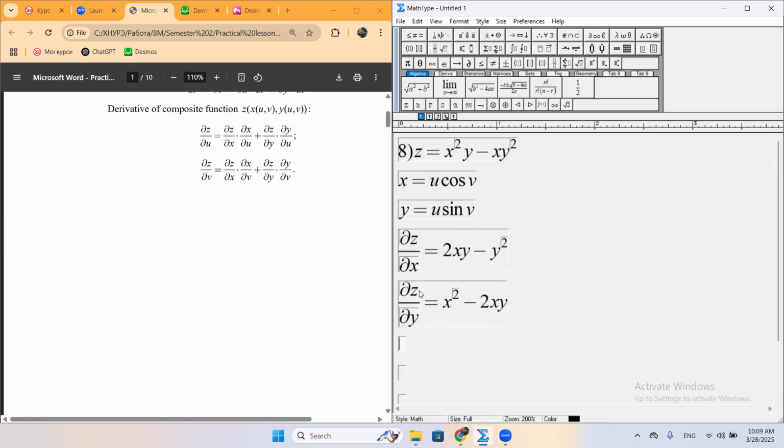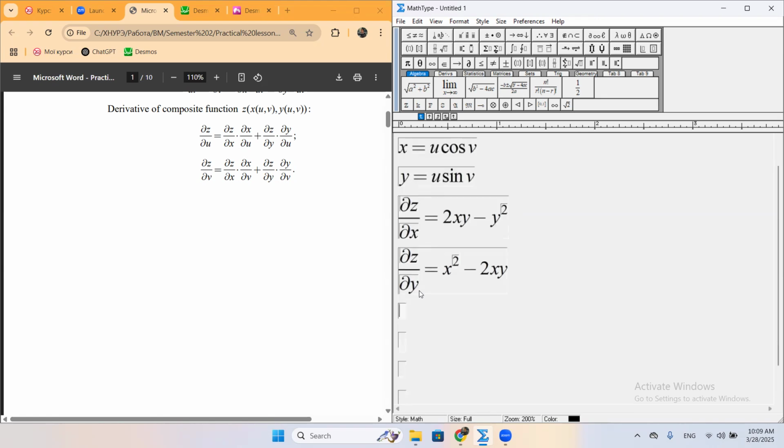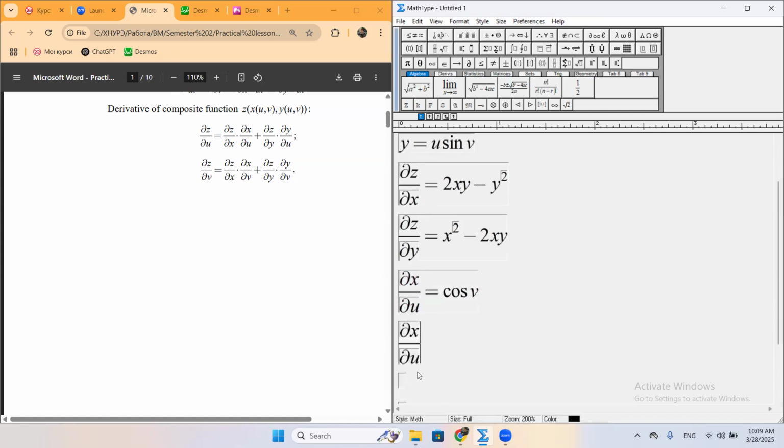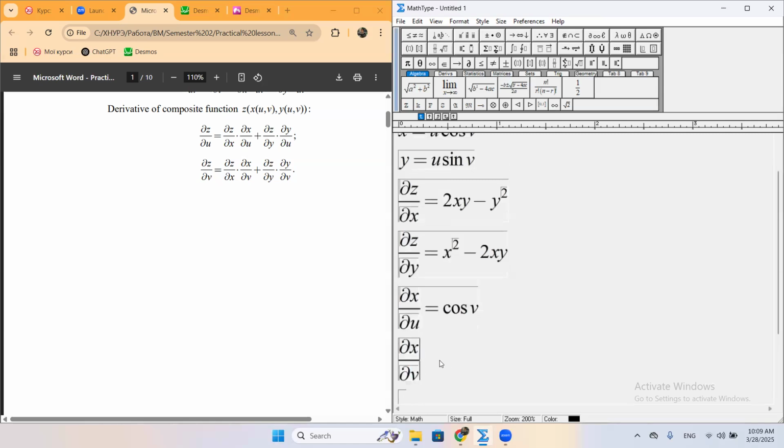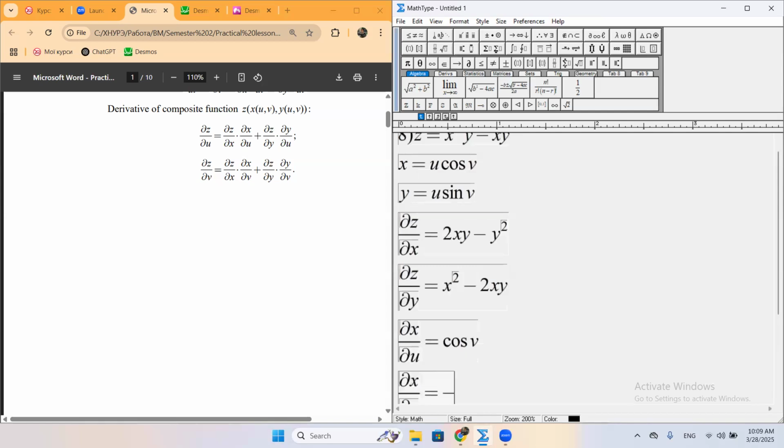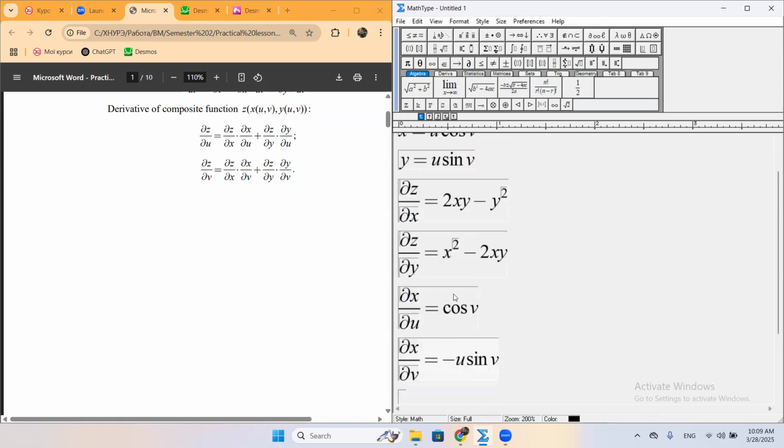Now differentiating x and y by u and v. So dx by du equals cosine of v. dx by dv equals minus u sine of v.